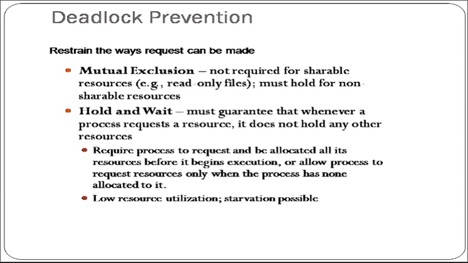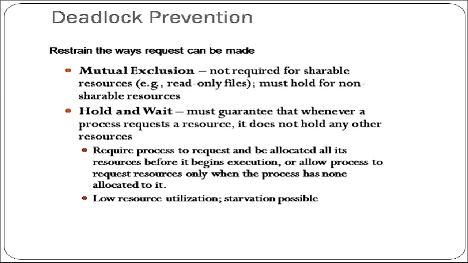Now the next case is hold and wait. To ensure that the hold and wait condition never occurs in the system, we must guarantee that whenever a process requests a resource, it does not hold any other resources. One protocol that can be used requires each process to request and be allocated all its resources before it begins execution. We can implement this provision by requiring the system calls requesting the resources for the process to precede all other system calls.